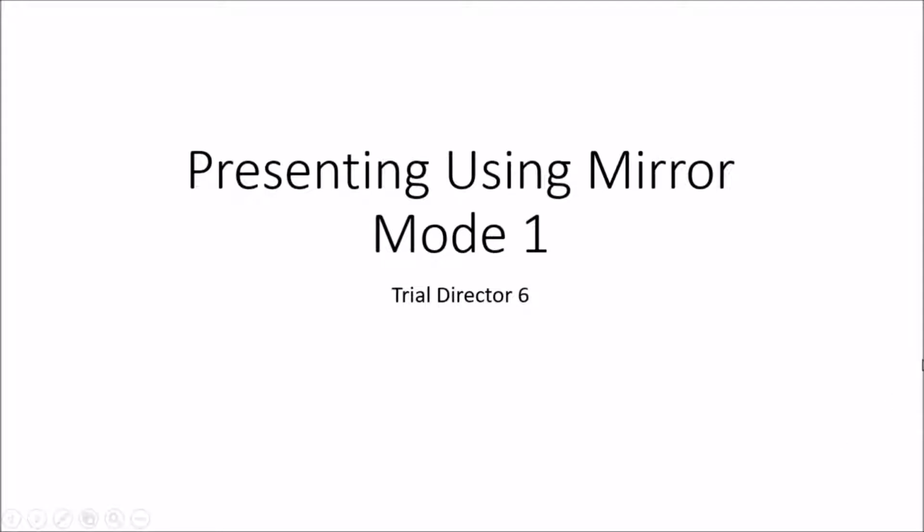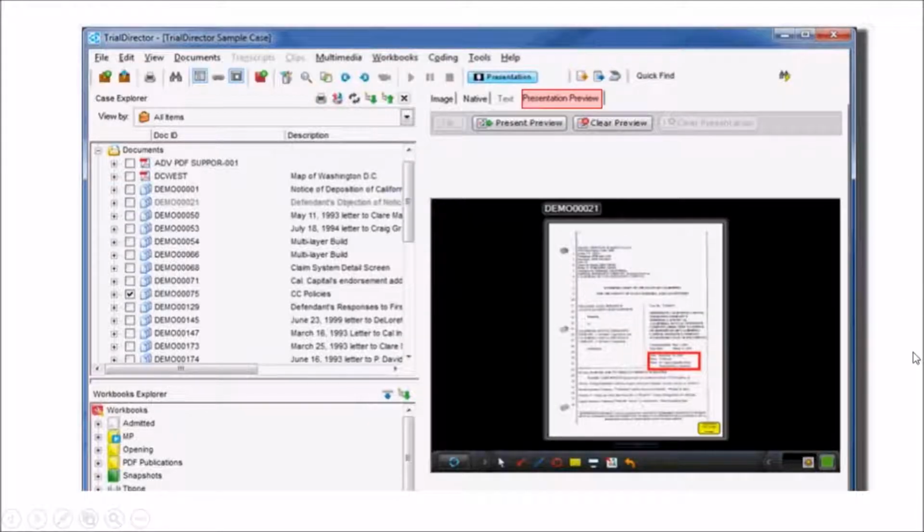The way we go about this in TrialDirector is you have an option to click on here called your mirror mode. This is called presentation preview right now, what we're looking at. Presentation preview, not presentation.